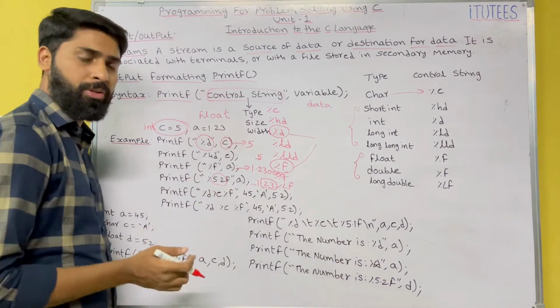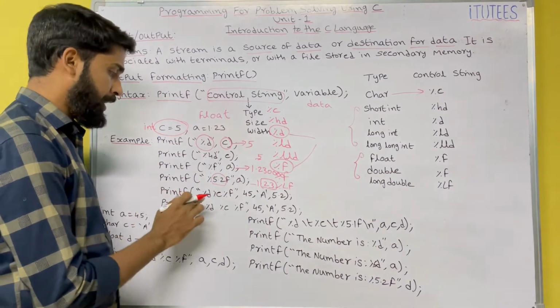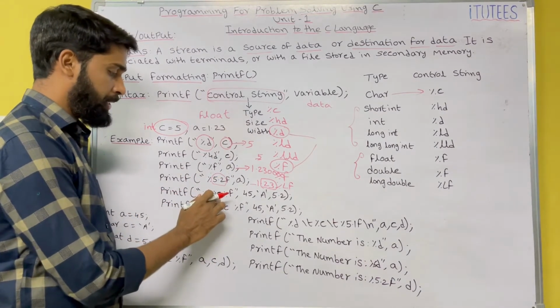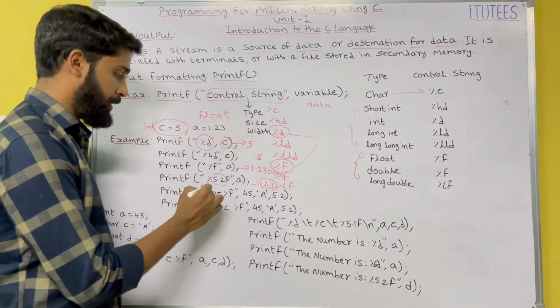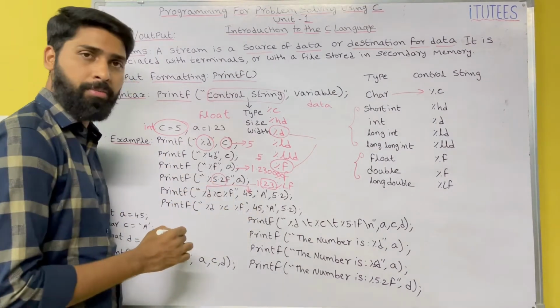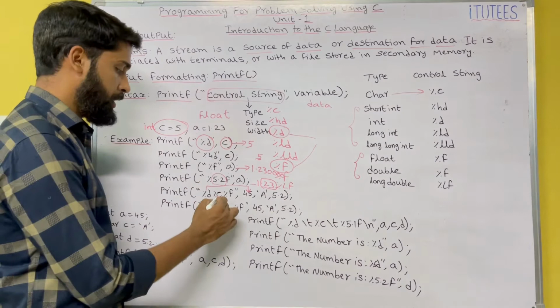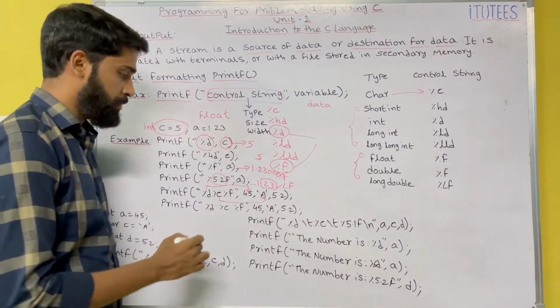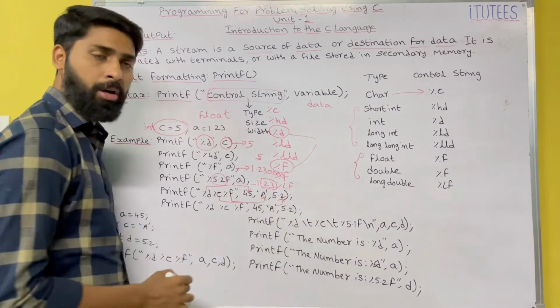Now printf with %d, %c, %f. The first %d belongs to the first variable or first constant, the second belongs to the second, and the third belongs to the third.